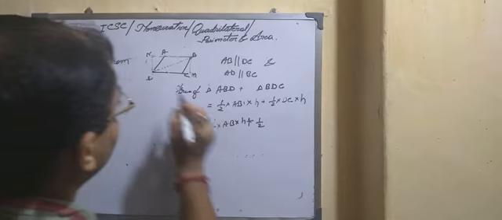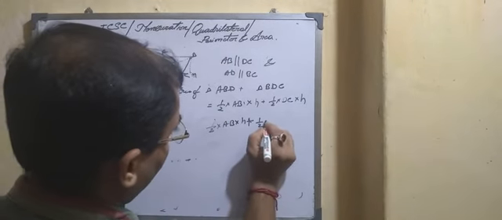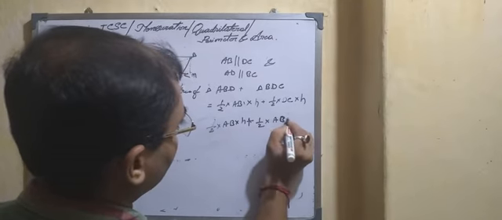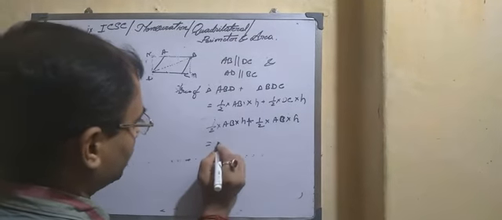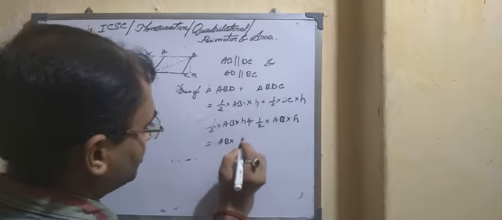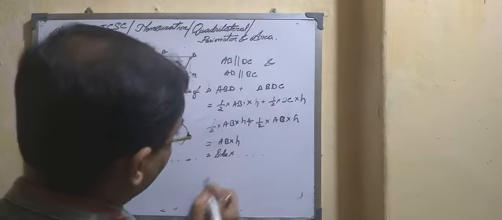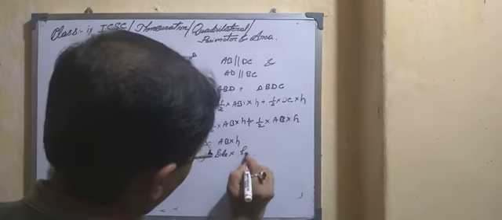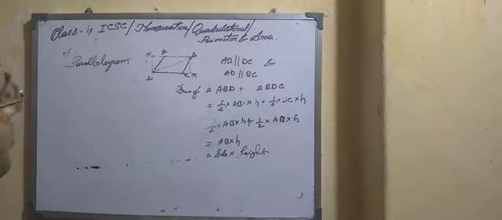We can also write AB is equal to DC. So we can write AB here. Now half plus half, that is 1. That is AB into H. That means one side and height. Okay, that is the formula for the area of a parallelogram.